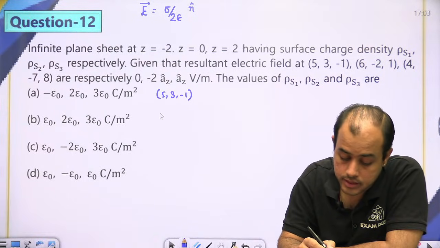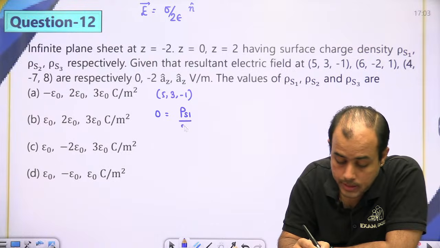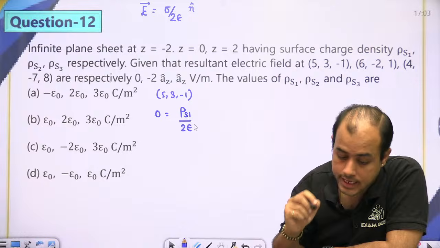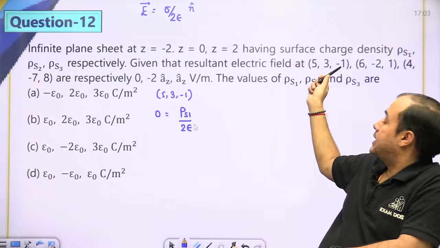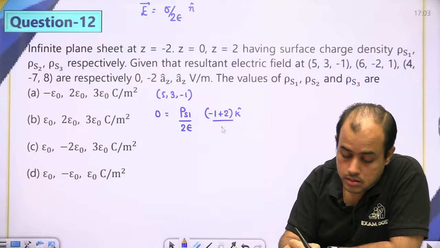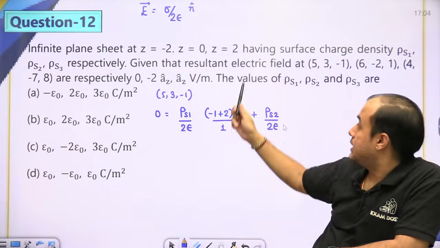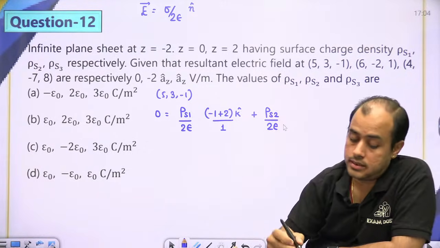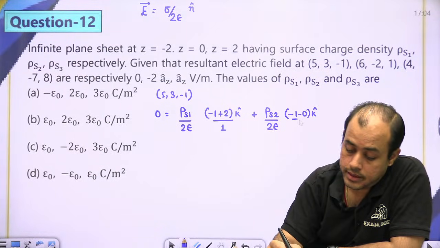So first of all, 5, 3, -1. Electric field is 0. Rho S1 by 2 epsilon. Now how to write n cap? The z coordinate of rho S1 is -2, point is -1. Now z coordinate is 0, point is -1, magnitude is 1.